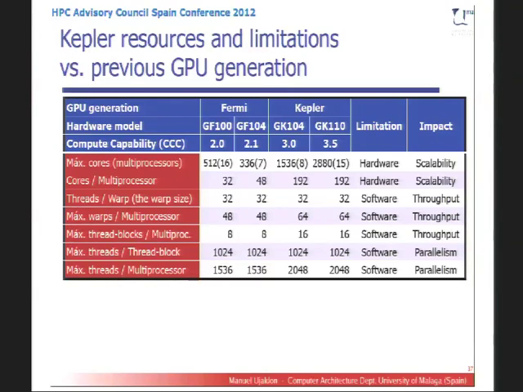Then you have a little increase in the number of warps that you can allocate per multiprocessor, and also in the number of thread blocks that you can allocate per multiprocessor. So you are doubling the size here and almost doubling here as well. You keep this one constant, and the number of threads that you can run simultaneously on each multiprocessor has also increased to 2K. Right now it looks like these two are one bag, and these two are another bag.